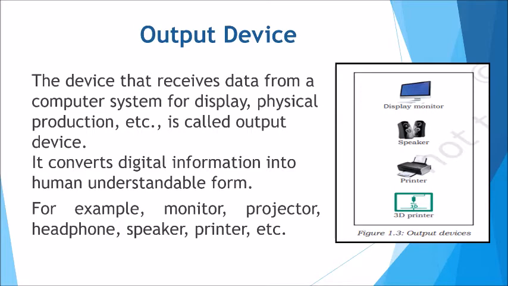The devices that receive data from a computer system to display physical production are called output devices. It converts digital information into human understandable form. For example, monitor, projector, headphone, speaker, printer, plotter, etc.